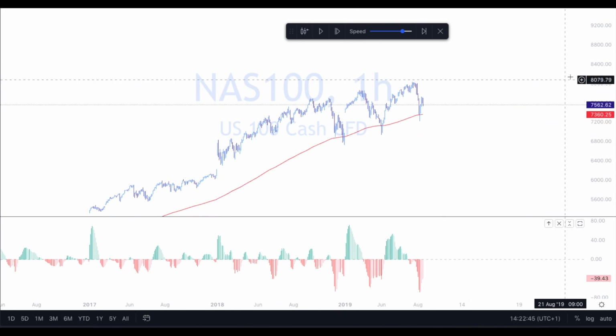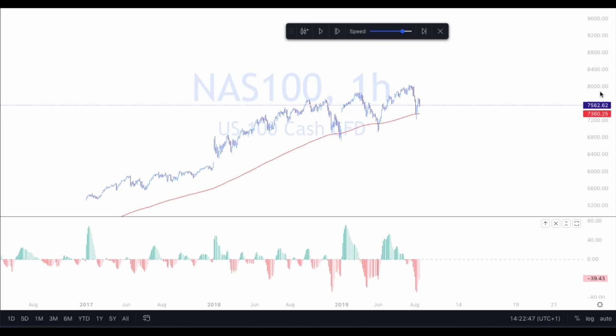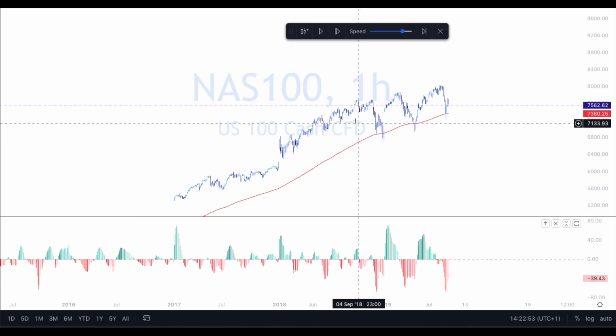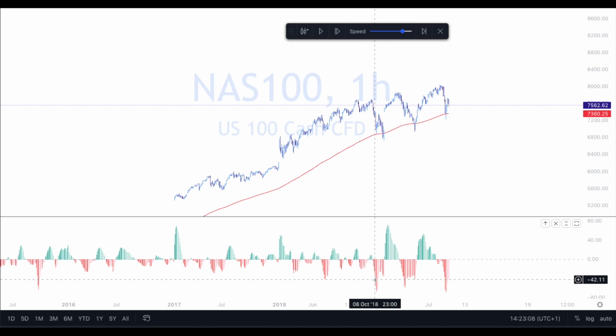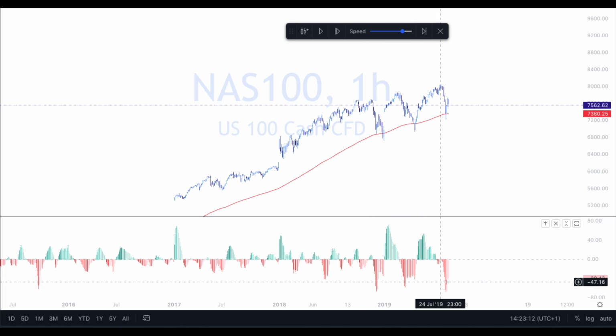So the rules of this game are simple. We're following the trend of the current market, which basically means if the candles are above the EMA, we're buying because it's an uptrend, and if the candles are below the EMA, we're selling because it's a downtrend. And then we're going to be using the MACD to place the most optimal trade based on where it is according to the moving average.